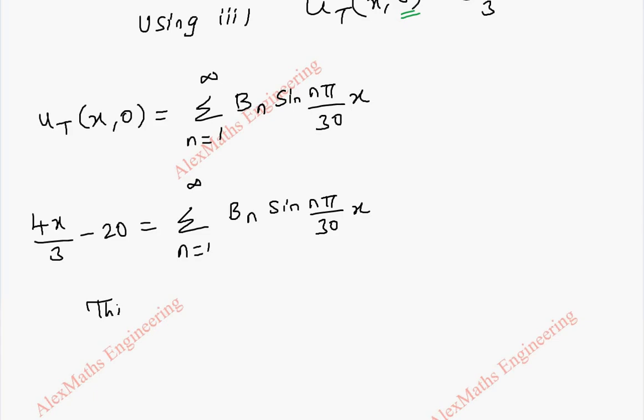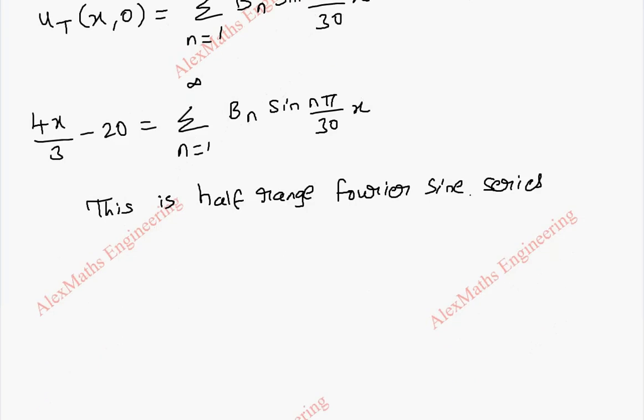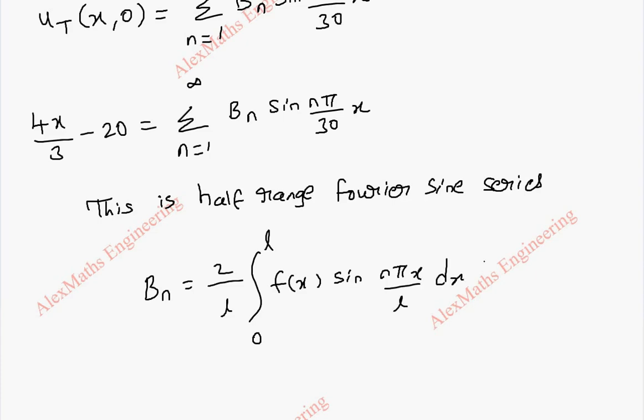So this is a half range Fourier sine series. We can find the constant Bn using the integral formula (2/L) integral 0 to L f(x) sin(nπx/L) dx.